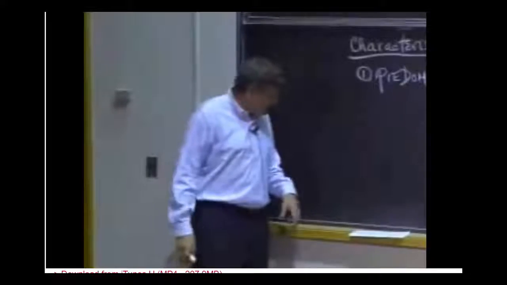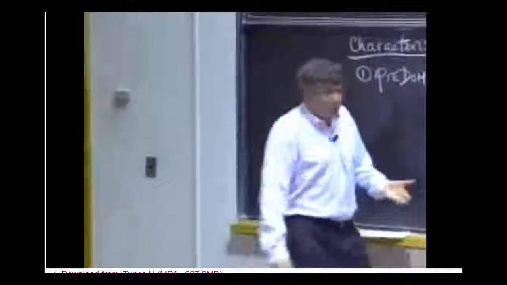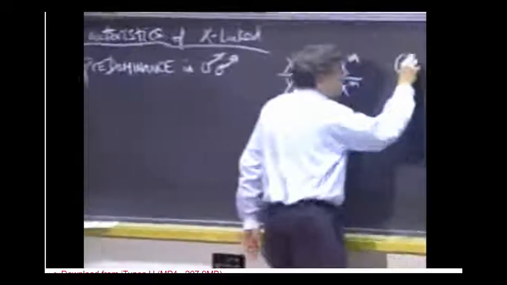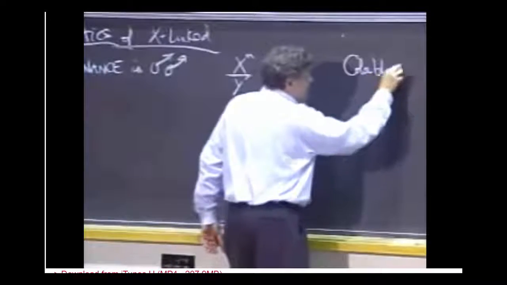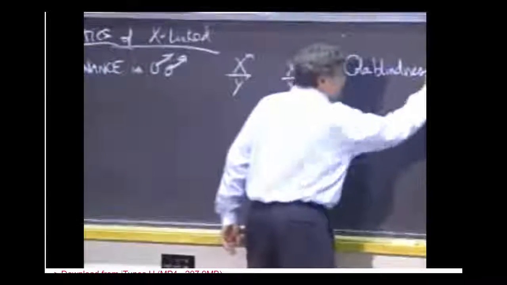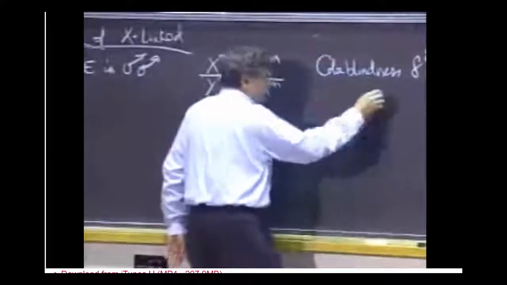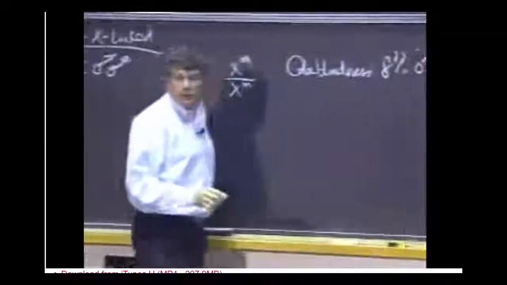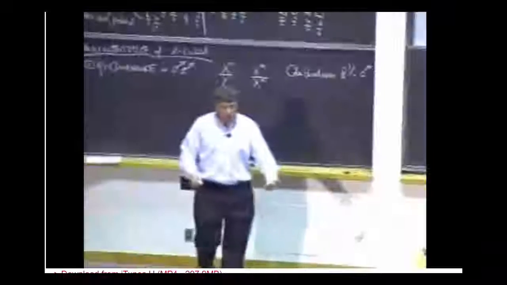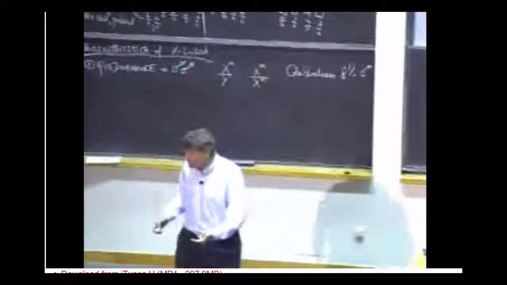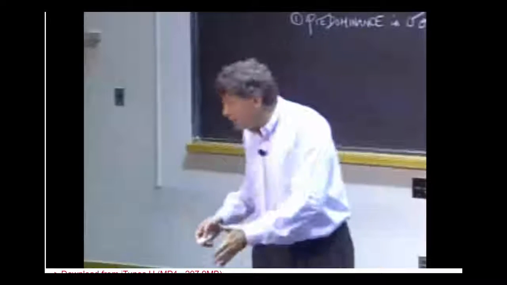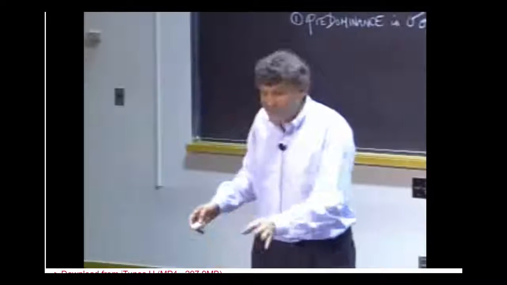So for example, the frequency of color blindness amongst males is what? It's 8, 10%, something like that. I think it's about 8% or so. And amongst females, if it's 8% to get one, what's the chance you're going to get two? It's 8% times 8%, a little less than 1%, right?